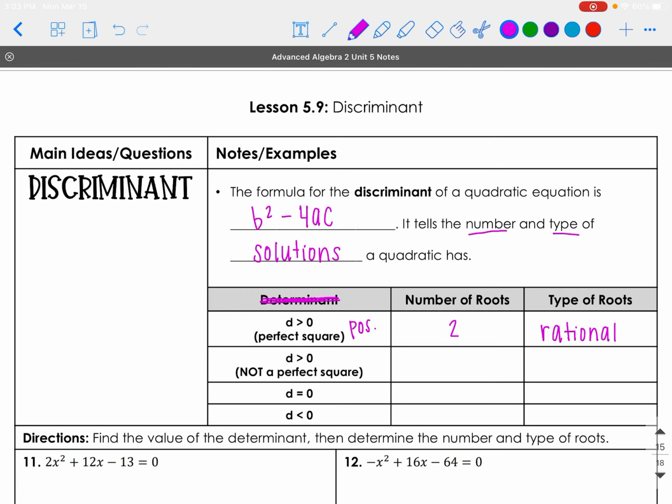Now, if it's a positive number greater than 0, but it's not a perfect square, it still has two solutions, but they are irrational. If the discriminant is equal to 0, then there is one solution, and that solution is a rational number.